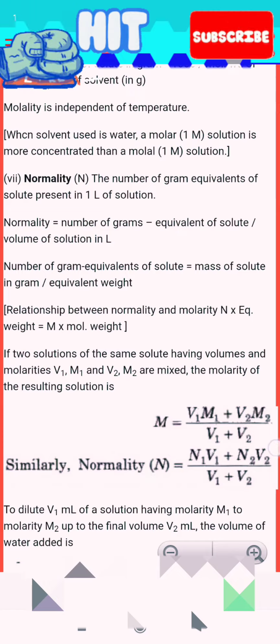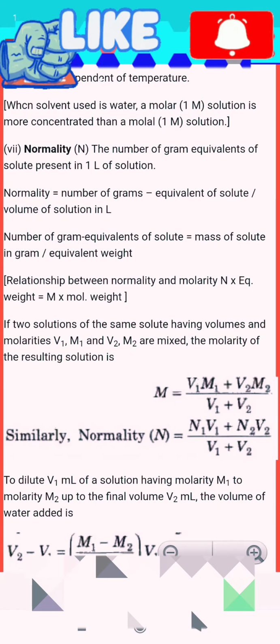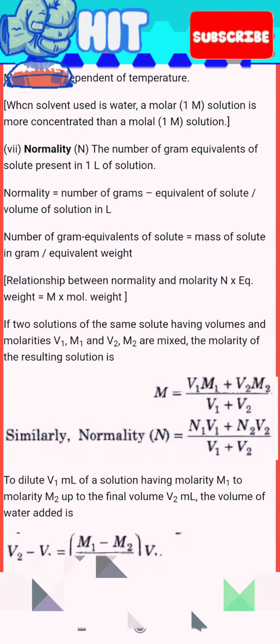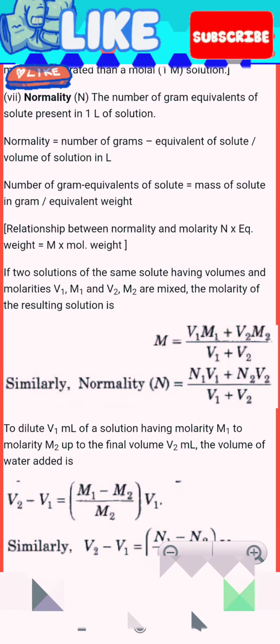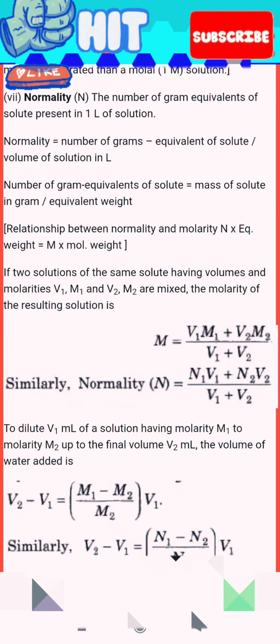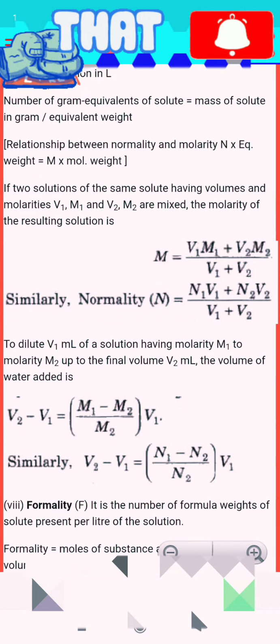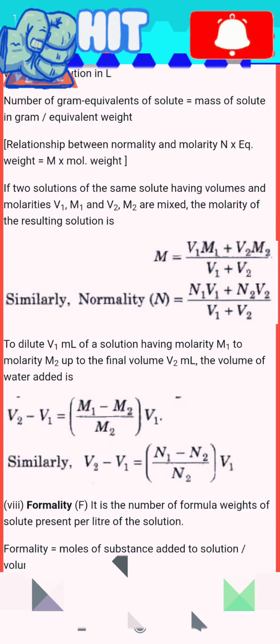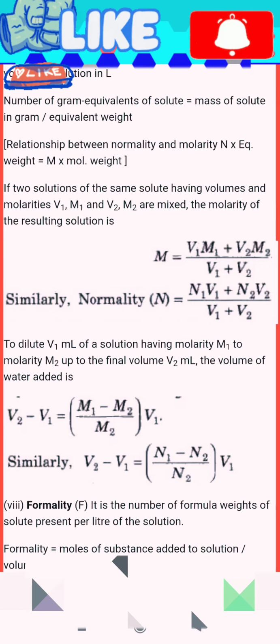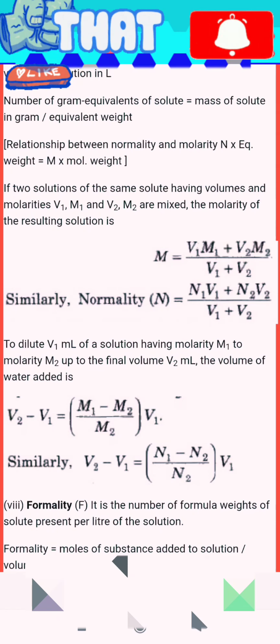To dilute V1 ml of a solution having molarity M1 to molarity M2 up to the final volume V2 ml, the volume of water added is V2 minus V1 equals M1 minus M2 upon M2 into V1. Similarly, V2 minus V1 equals N1 minus N2 upon N2 into V1.